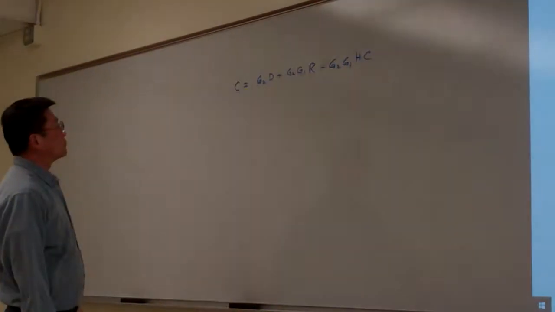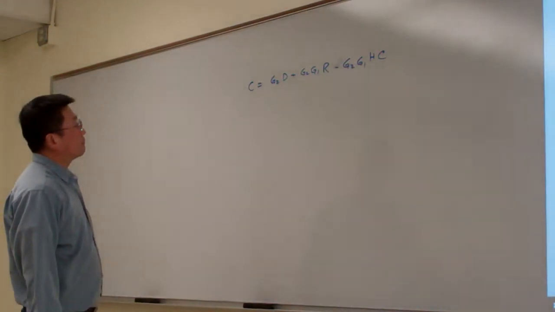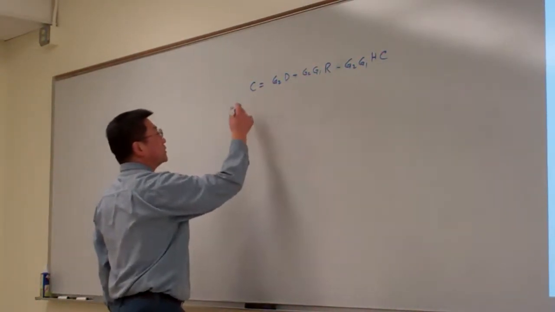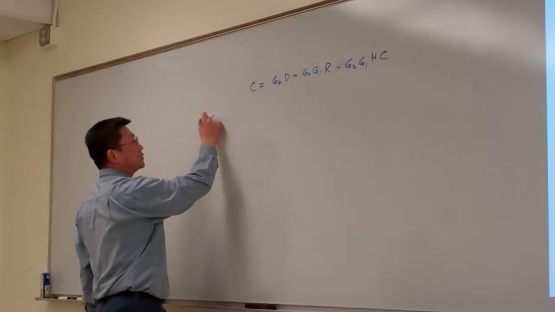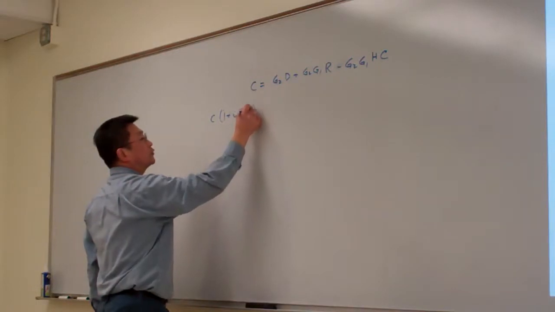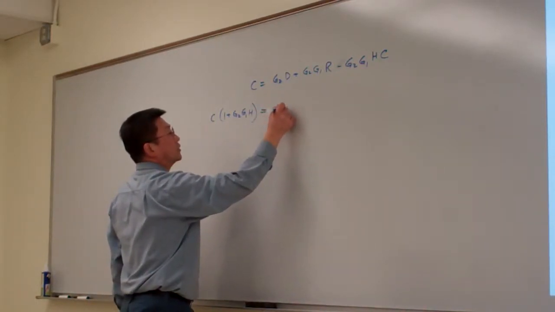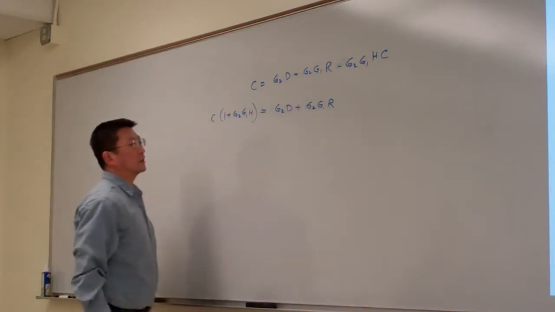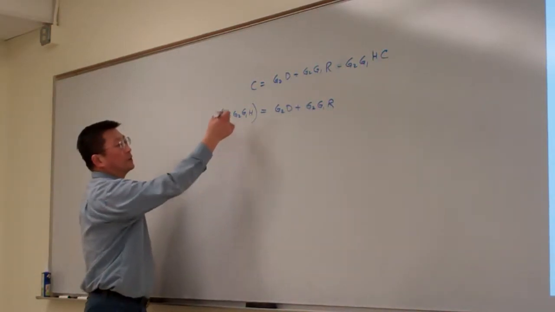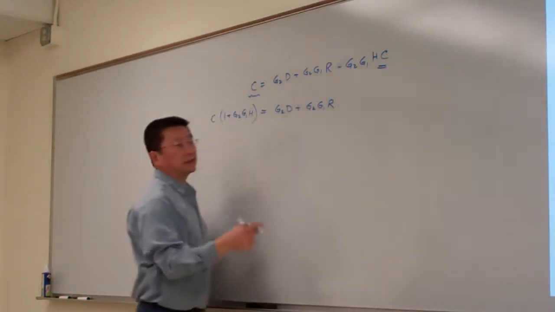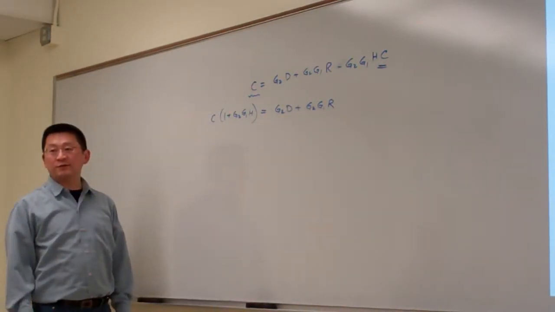From here there's a C on both sides. So let me move the C from here. So 1 plus G2, G1, H will be equal to G2D plus G2, G1R. Because we have C on that side, I just combine them together.